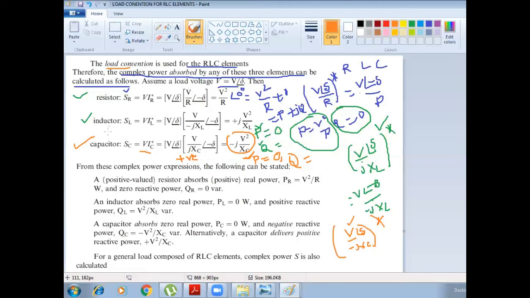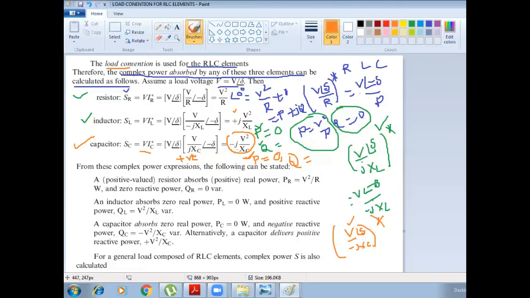And for the inductor, we can say plus J V square by XL. So the real power is 0. So there is no absorption or delivery by the inductor with respect to the real power. And here we have the positive reactive power. So we can say that the inductor absorbs the positive reactive power. Now with respect to the capacitor, here also there is no real power, so it won't deliver or absorb real power.